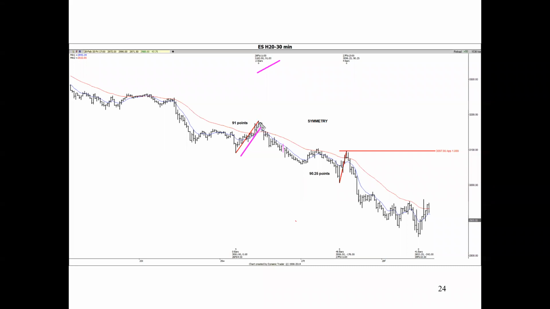So when the market started trading back down, of course, I'm going to take all those projections on the left and project them from the new low to look for the next resistance. In this case, I'm just showing you the one here for the example. This projected 30.97. The actual high was 30.96 1/4, and this swing ends up being 90 1/4 points versus 91 points.